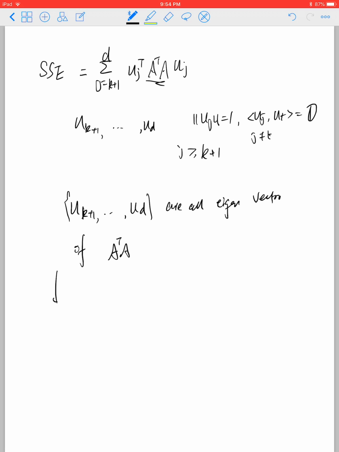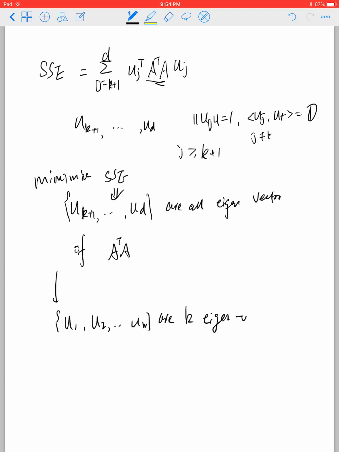UK plus 1 until UD are all eigenvectors of the matrix A transpose A, and then minimize SSE.